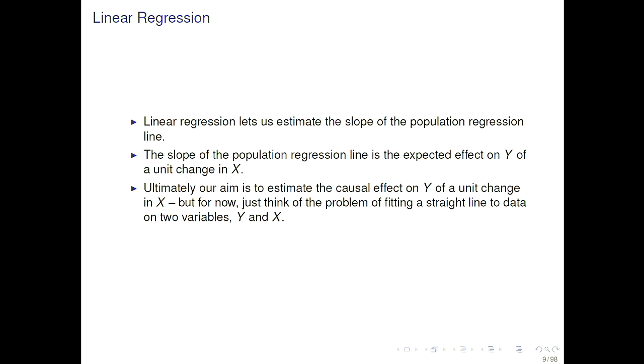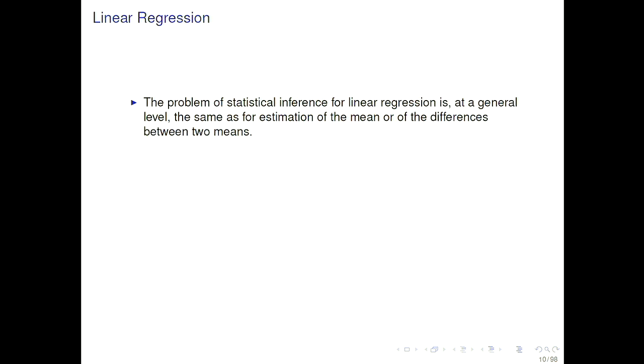But in order to estimate the causal effect accurately, we have to consider some other problems that we are going to discuss in this course. But for now, let's just focus on fitting a line to explain the data. That is the initial point.